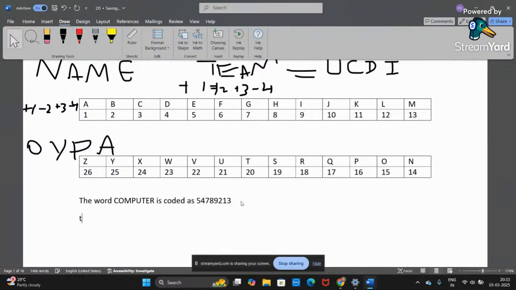Then how will the word cup be coded? How will the word cup be coded?